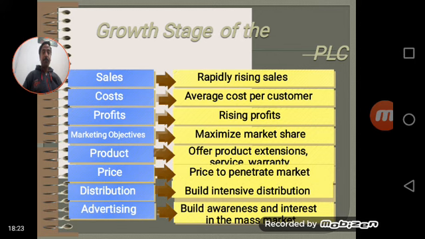So product. In introduction stage, you will go with your core product. Now in growth stage, you will extend the product. Clear? Like I can give the example. Suppose there is a company known as Parle G. Parle G started a business selling biscuits only, and biscuit was their core business.